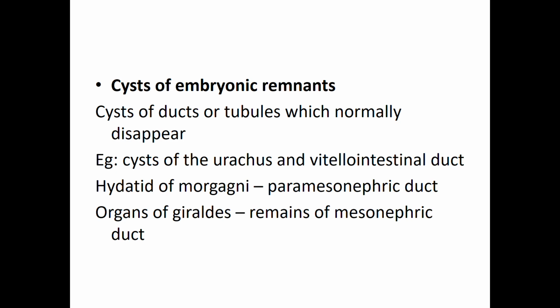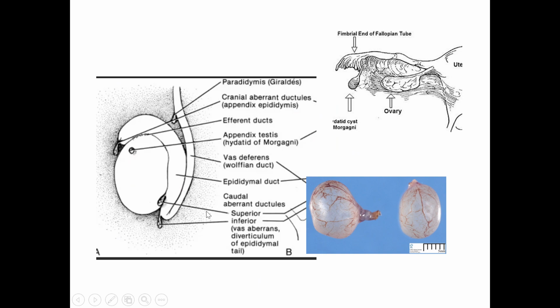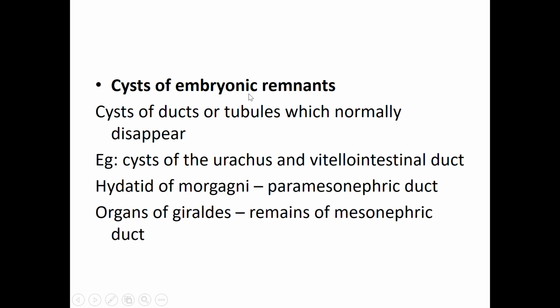And the next variety is the organ of Giraldes, and this is the remains of the mesonephric duct, which is also called the Wolffian body, and this helps in the derivation of the male organs. Okay, so the pictures are here. So here you can see the cyst of Morgagni, and then here you have the cyst of Giraldes. Okay, so this is your cyst of embryonic remnants.